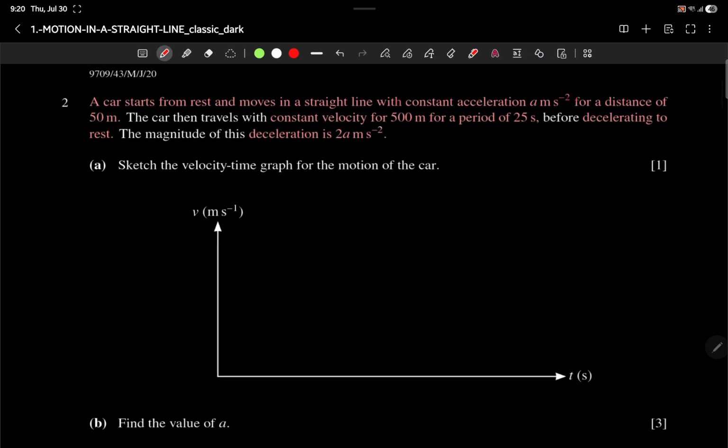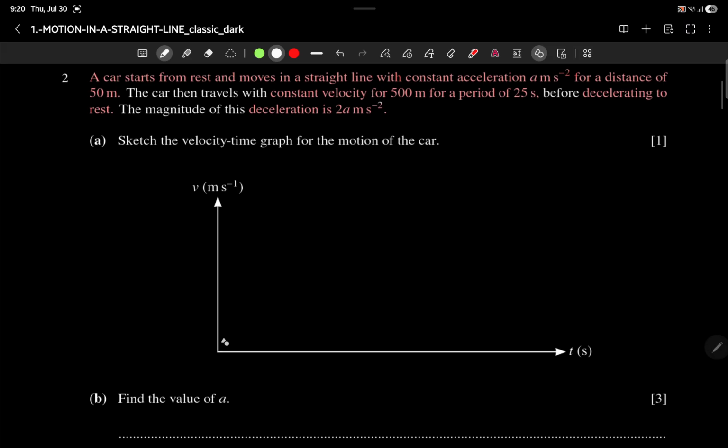So let's do this. The first part says that it starts from rest and moves in a straight line with constant acceleration a, for a distance of 50 meters.